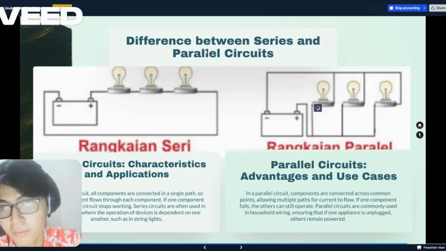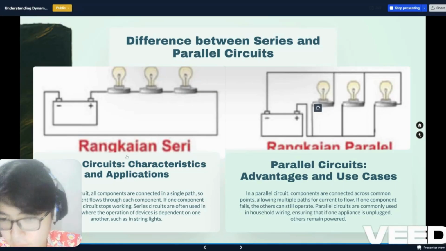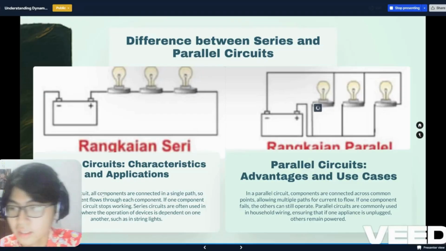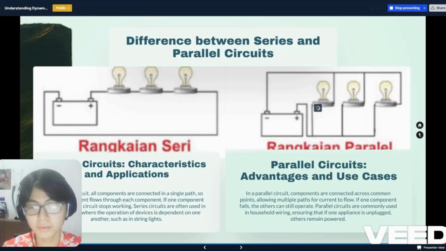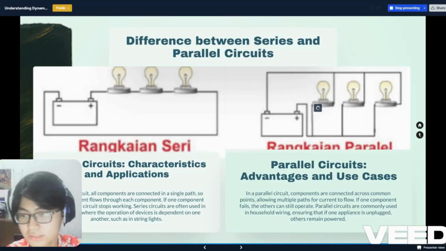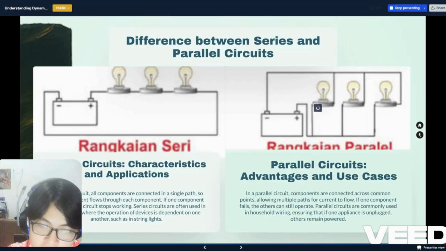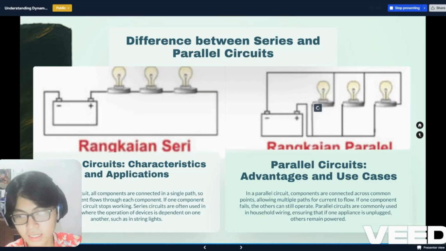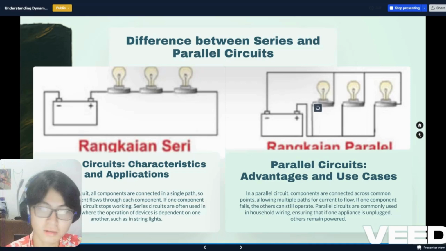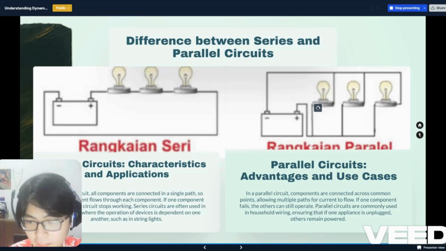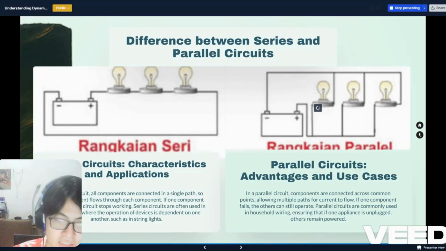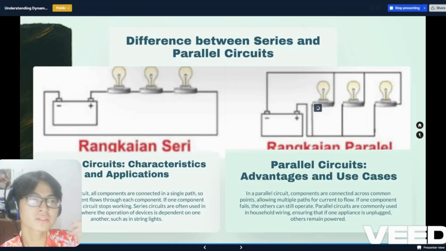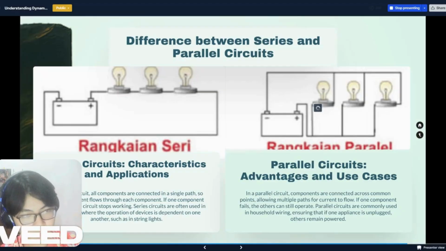So first, series circuits, or rangkaian seri in Indonesian. In a series circuit, all components are connected in a single path, so the same current flows through each component. If one component fails, then it all stops working. That's basically it. Series circuits are often used in applications where the operation of devices is dependent on one another, and it is quite a simple system that is easy to learn, fix and reverse engineer.